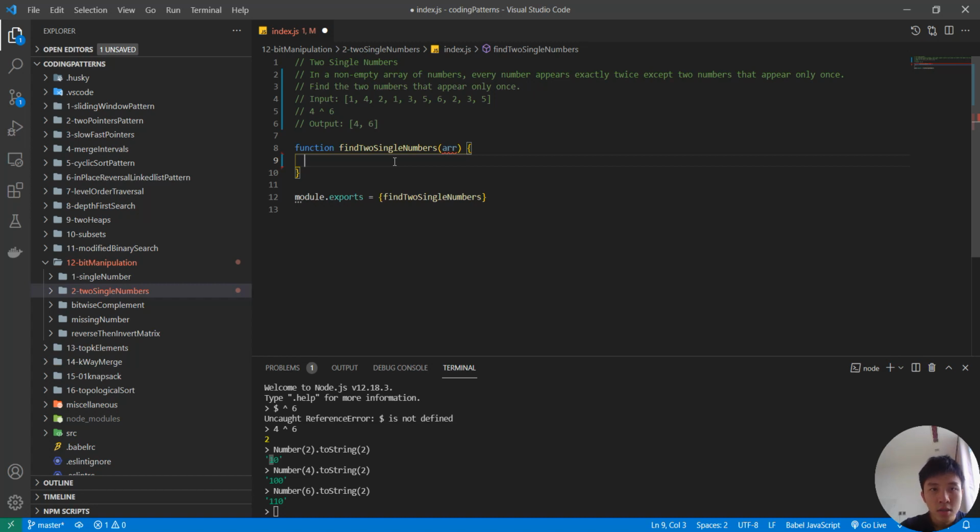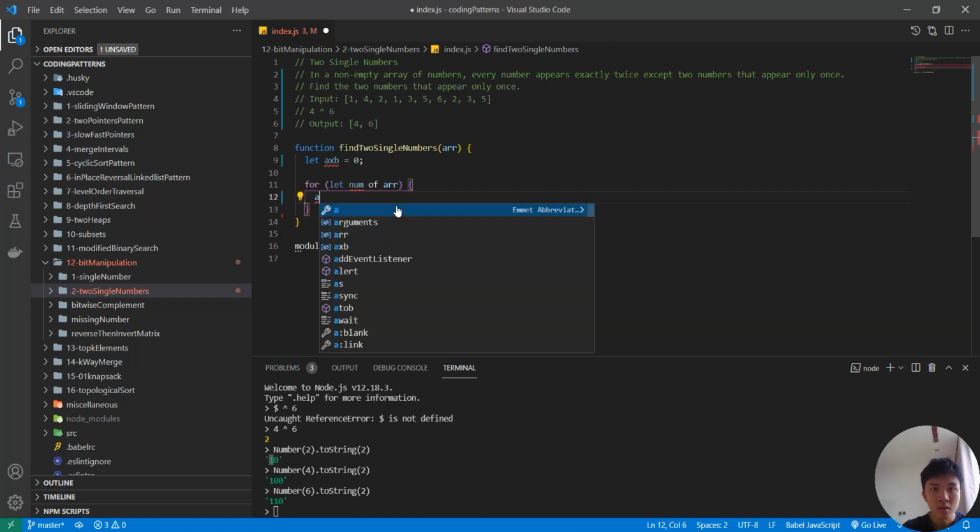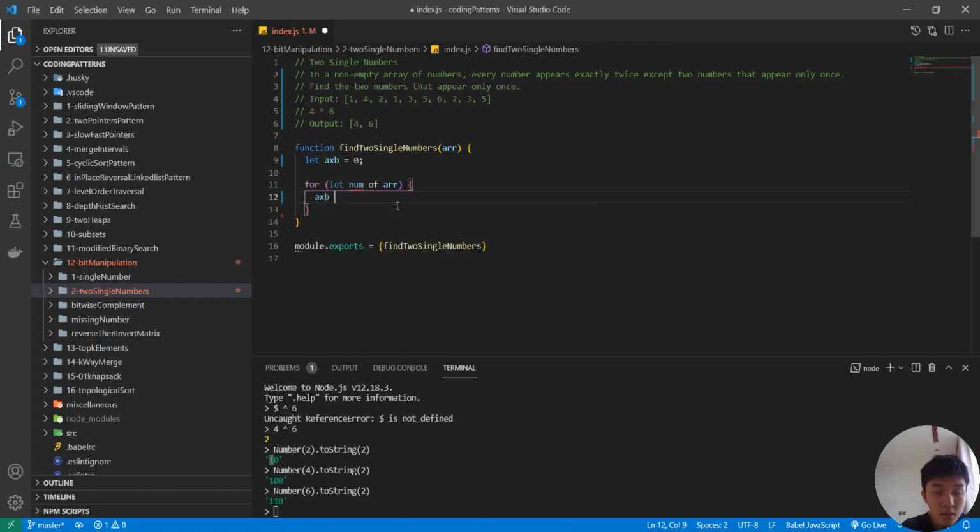So of course we need a XOR b equal to initially 0, same as the previous one. We run through every number and XOR it into a XOR b.